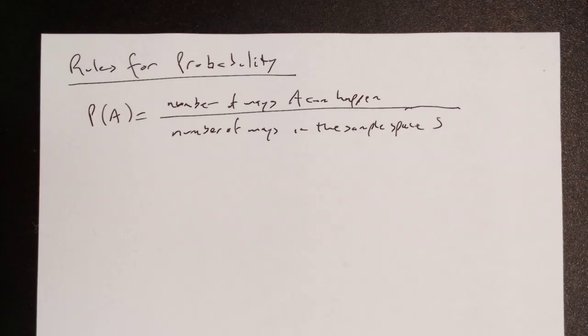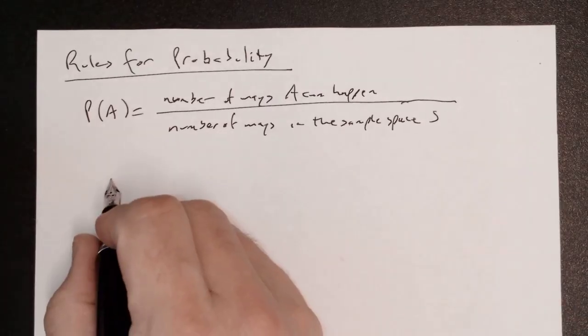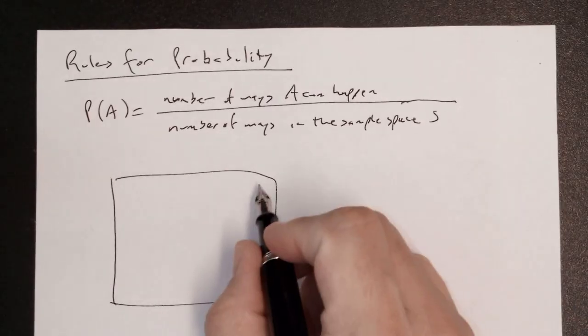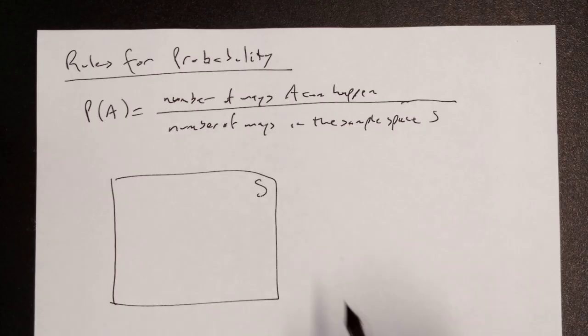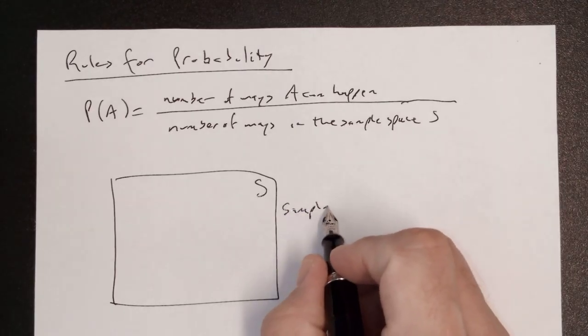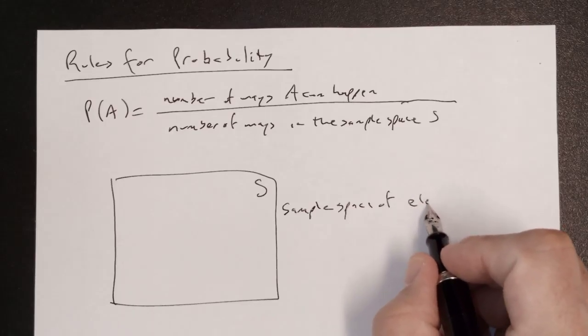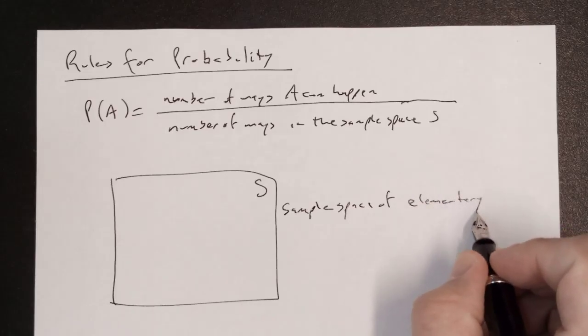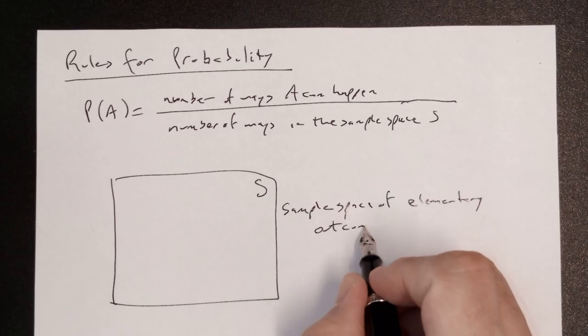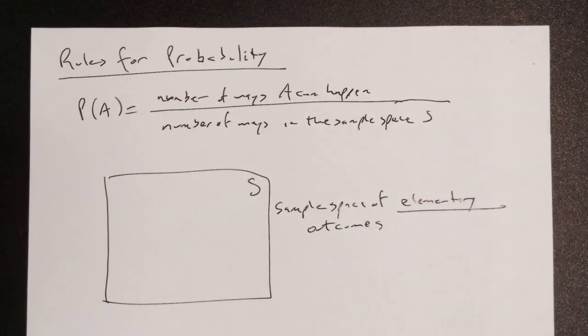But I'm going to start with the idea of I have a sample space, some giant pile of outcomes. Please notice the word elementary here. These are single events, simple items.